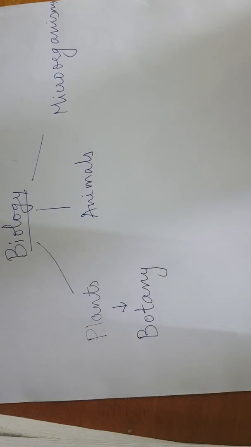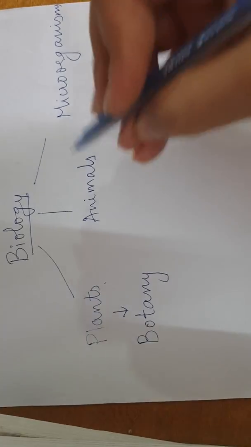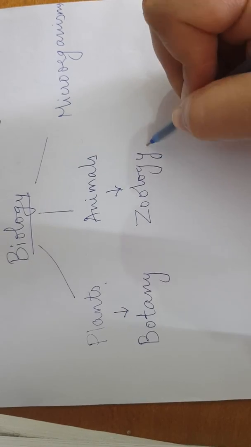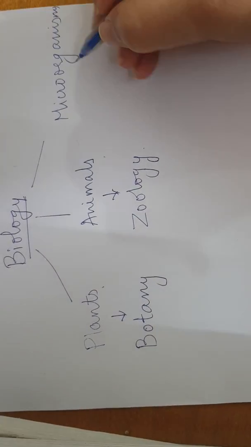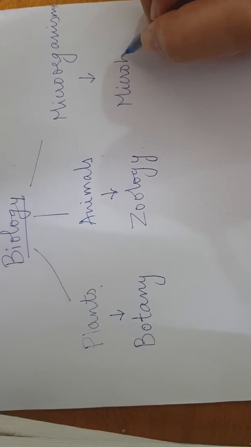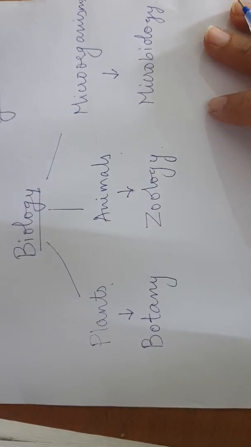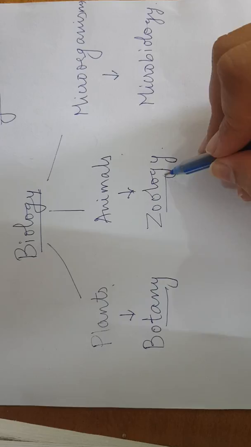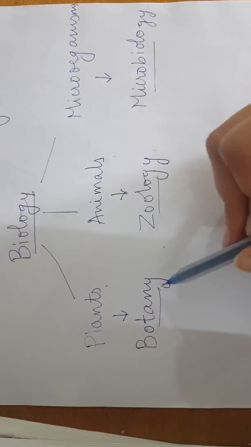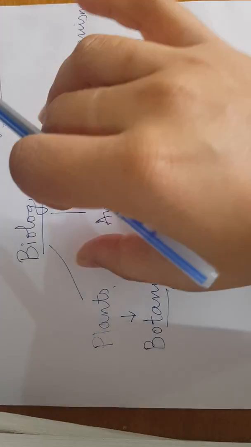I believe you might have heard these terms. The study of animals is known as zoology, and the study of microorganisms is known as microbiology. These three areas are pure sciences, or we can say botany, zoology and microbiology are the first classification of biology.